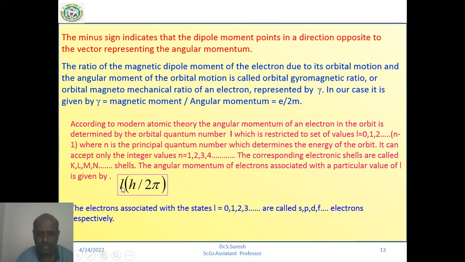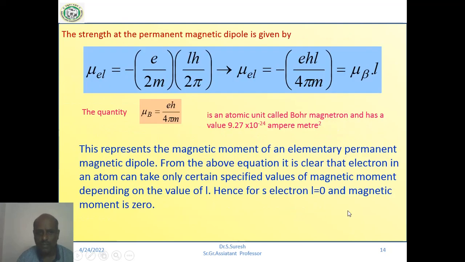It is quantized as an integral multiple of l into h by 2 pi, where l is the orbital quantum number, which takes the values 0, 1, 2, 3. l equal to 0 is called the s orbital, l equal to 1 is called the p orbital, and so on. So totally mu L is equal to minus e by 2m into l h by 2 pi. On multiplication, minus e h l by 4 pi m.